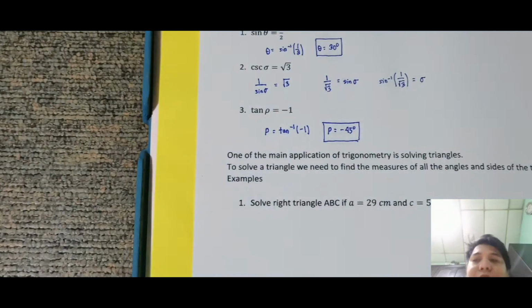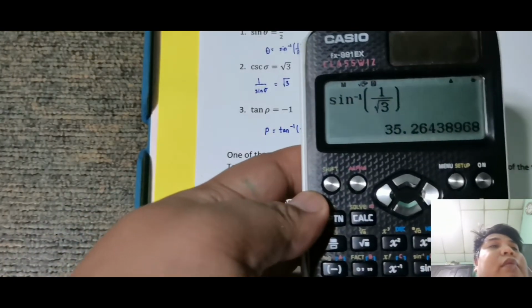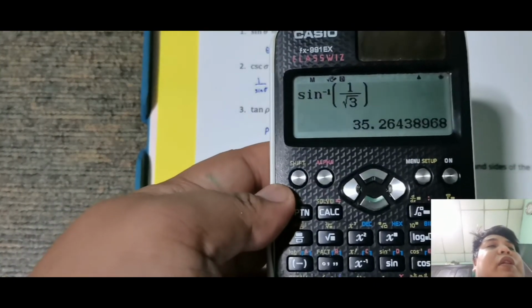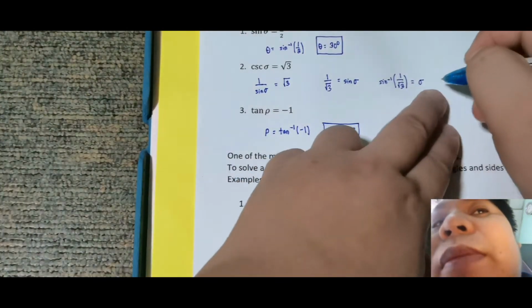What is the value of sigma? Check natin, that is arc sine ng 1/square root of 3. That is 35.2644. Lagi tayong gagamit ng decimal.